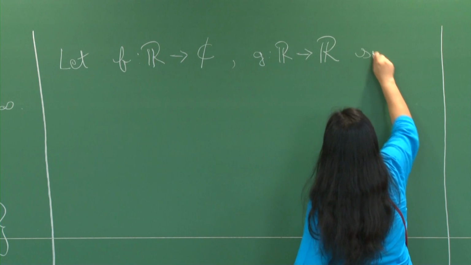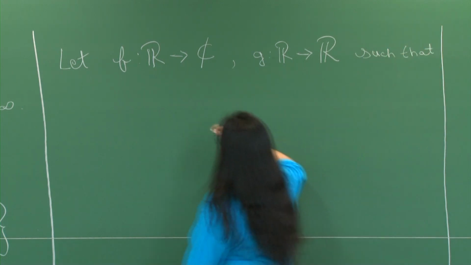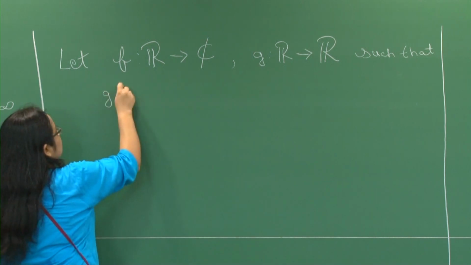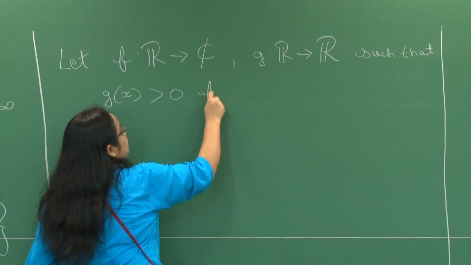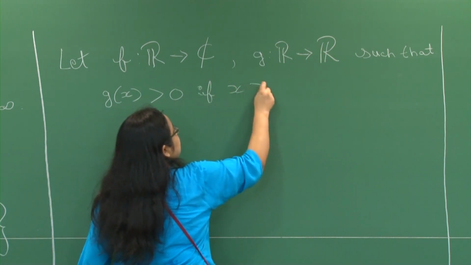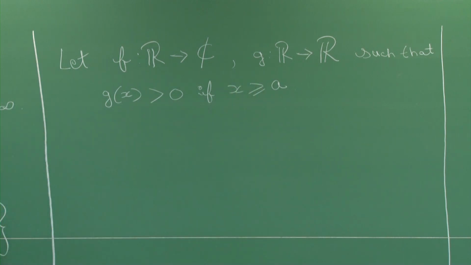So, such that g of x is positive if x is greater than or equal to a for some specific a in R.